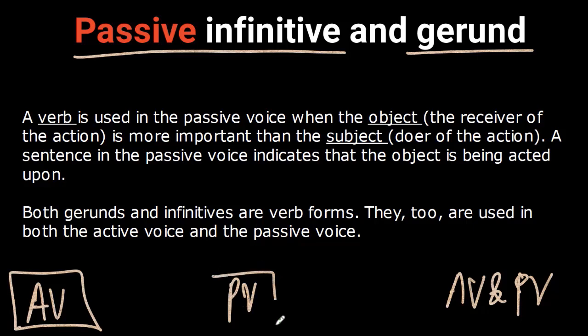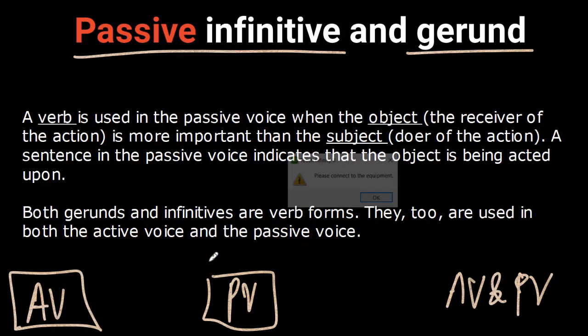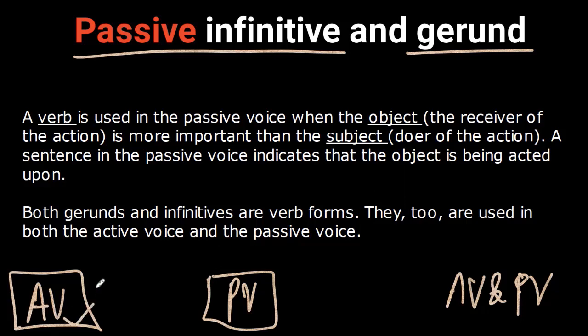But some of them, or a lot of them, can be used in the passive voice too. Not all verbs can be used in the passive voice, though all of them can be used in the active voice. And the verbs that can be used in the passive voice can also be used in the active voice.